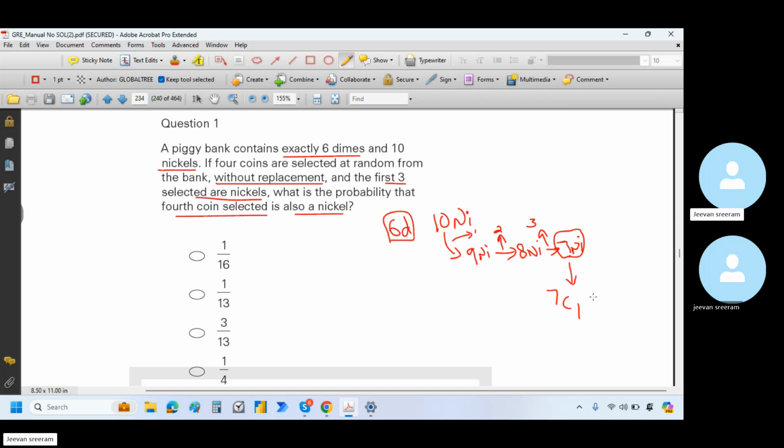When you select, that must be a combination, 7C1 ways. So these are the favorable outcomes.